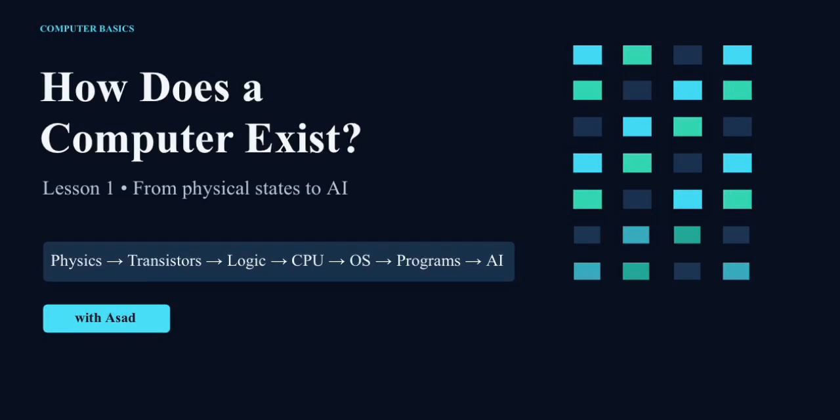In layer 7, we have programming languages and runtime systems. Languages such as Python, C, and Java allow humans to express instructions more conveniently. In layer 8, we have applications like browsers, spreadsheets, databases, games, and development tools. In layer 9, we reach distributed systems and cloud platforms, where many computers work together through networks.